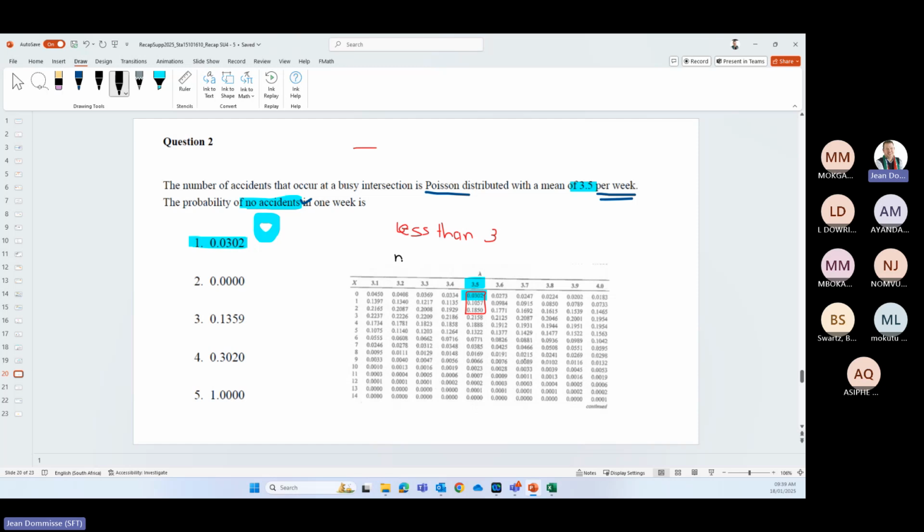If we said more than 7, just random picking here, it will be more than 7, so from 8 and above. So again, just look at the different ways that they could ask you this one as well.